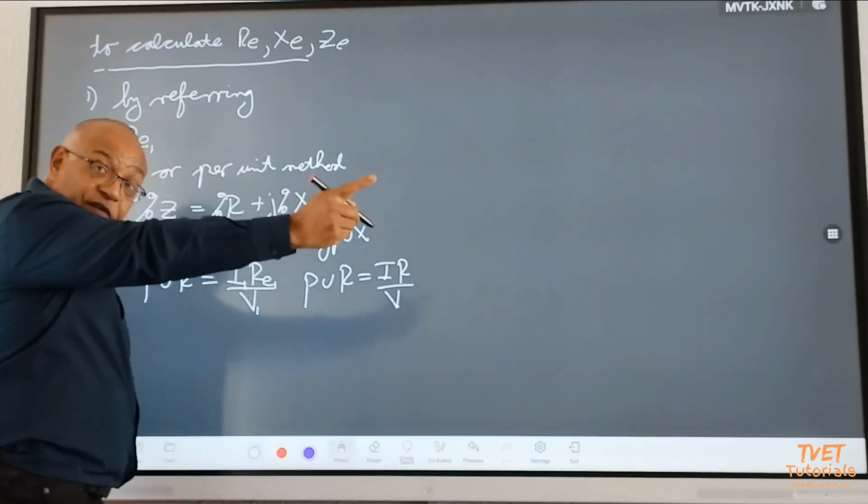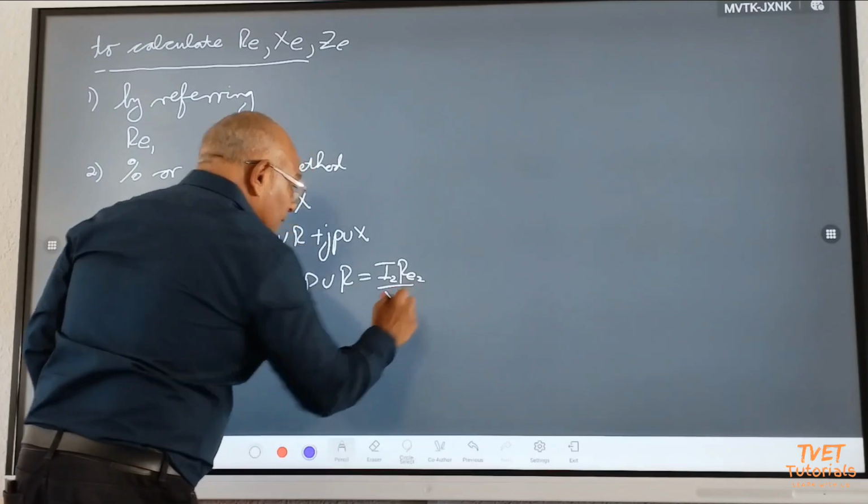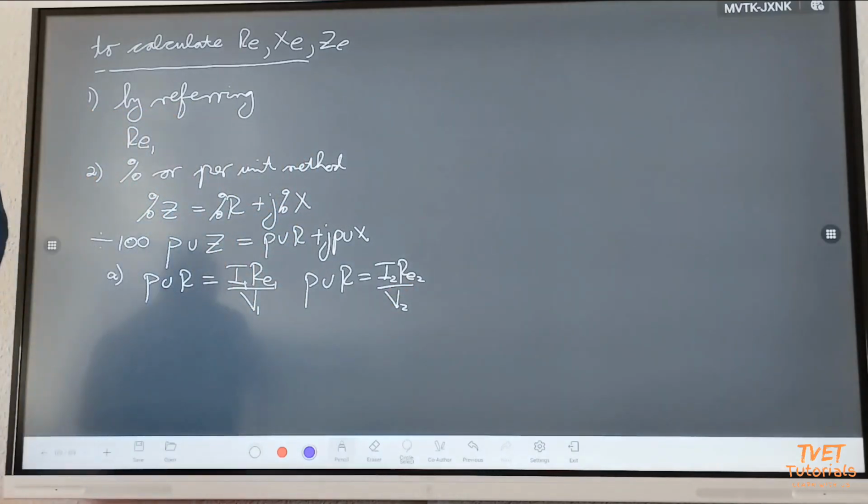If you decided to refer to the secondary, what does this become? But can you see the same per unit R? And that is correct. When it is a percentage, it doesn't matter of what value. It's 10% of that or 10% of that. So the first reason is it allows us to use the same percentage or per unit whether we refer to primary or to secondary. That's the first reason.